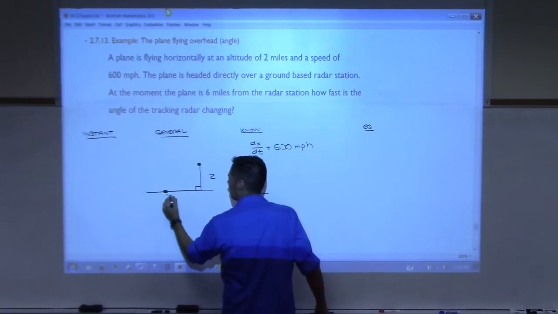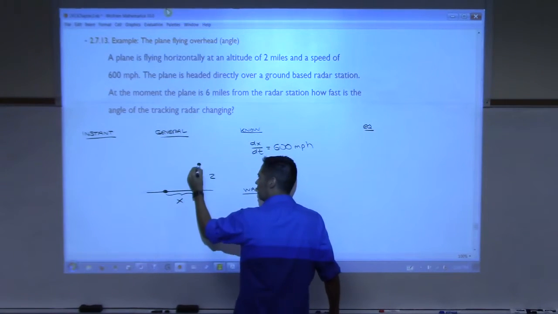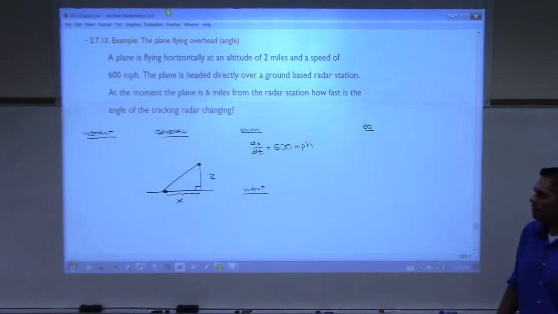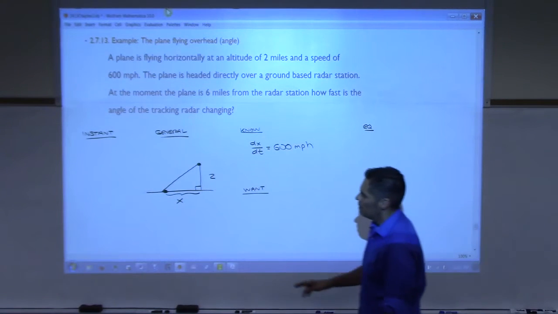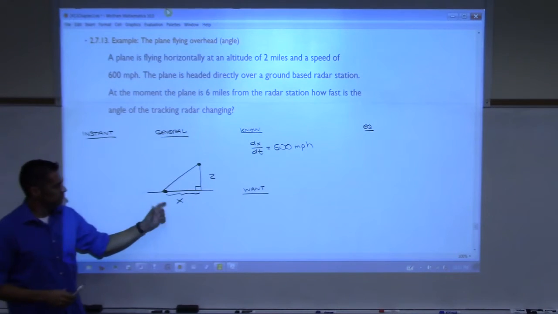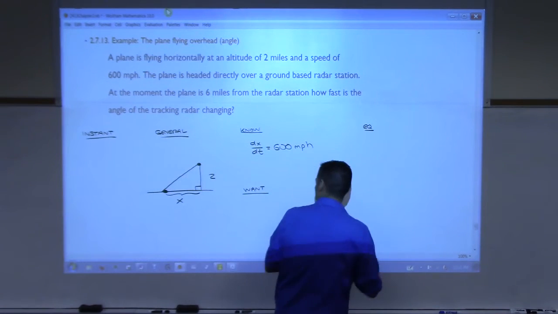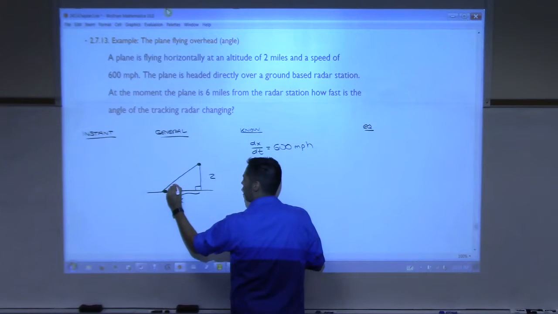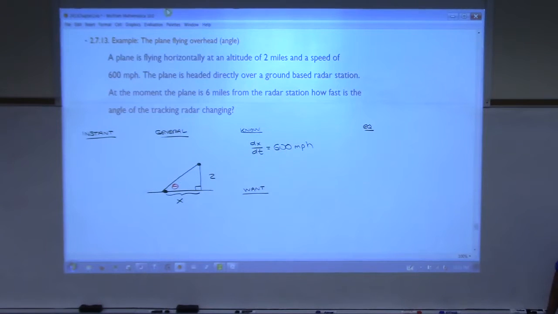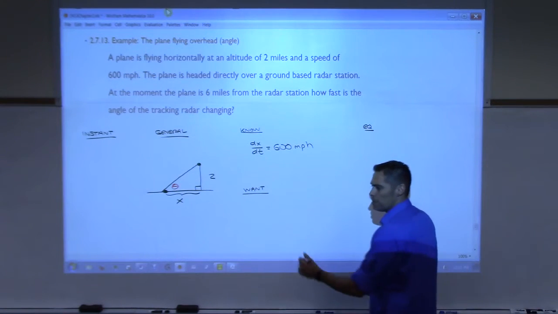From here to here is x. If I draw that triangle again, do I need h this time? If we have to solve for x, we would need it. But what are we interested in? The angle. I'll put the angle right in here and call it theta. I'm interested in the rate at which theta is changing. How fast is theta changing with respect to time?